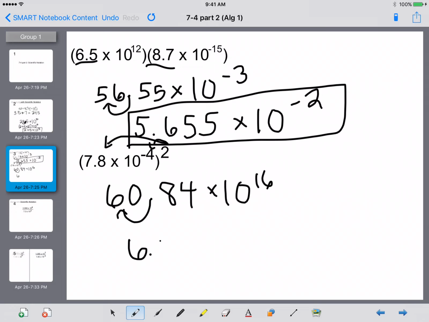So you get 6.084 times 10. Since we moved it to make a bigger number smaller, we're at 17 because we add 1. So multiplication, generally you're going to be adding a number to your exponent up here.